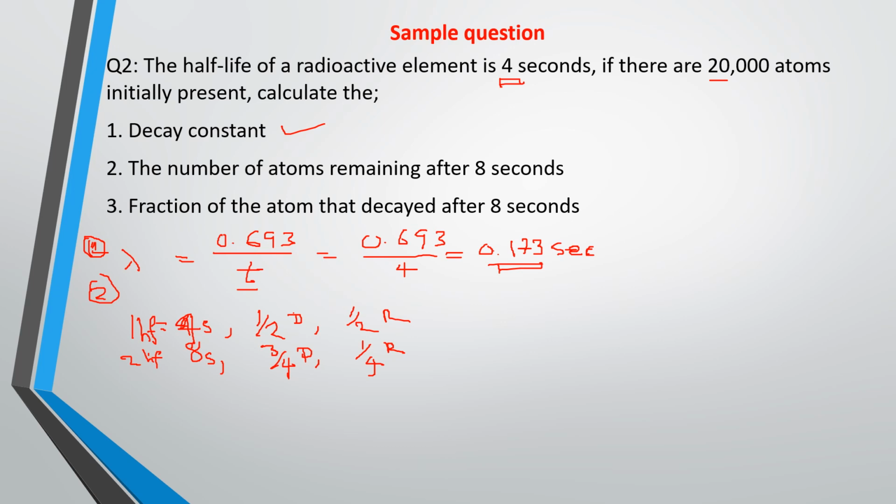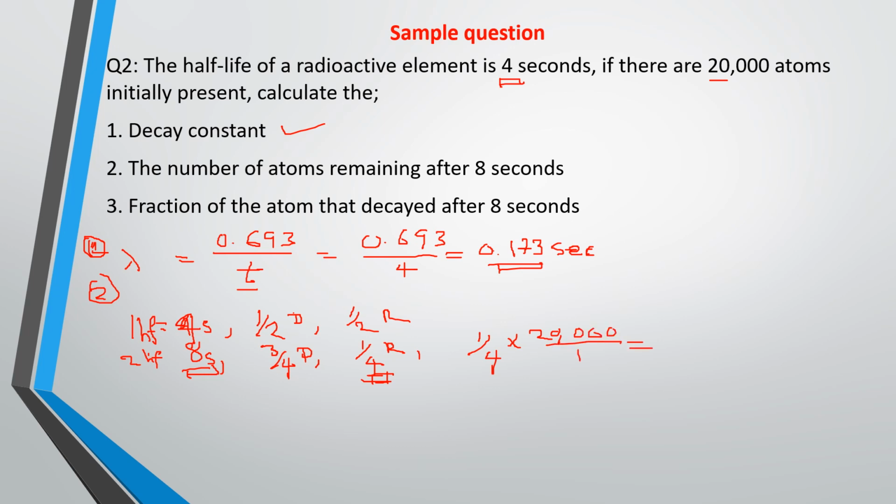So what is the question? The number of atoms remaining after 8 seconds. Now this is your 8 seconds. So after 8 seconds, 1/4 of this N will remain, or N/4. So what you need to do is just say 1/4 times 20,000 will remain, because that is what the question demands.